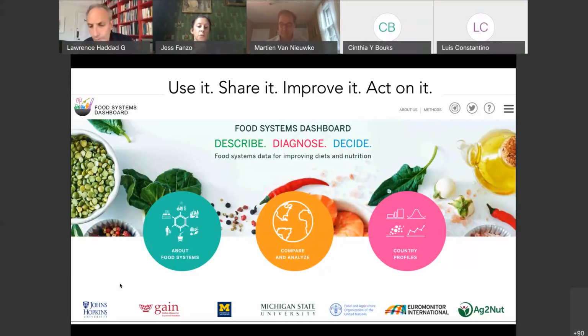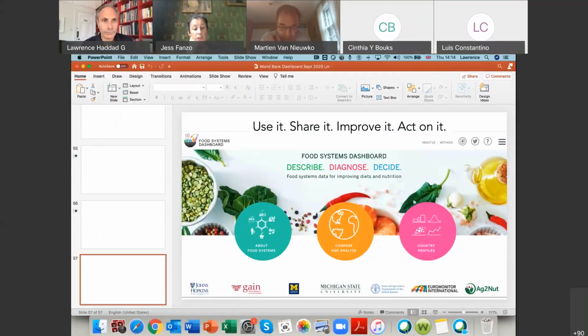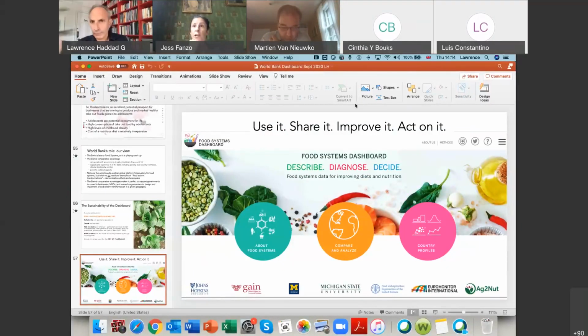But we're also going to be testing it with the GAIN country offices, Tanzania, Indonesia. We have some interest from governments in India, China, some in Latin America. So we'll be testing and garnering feedback at the country level and their use of it.